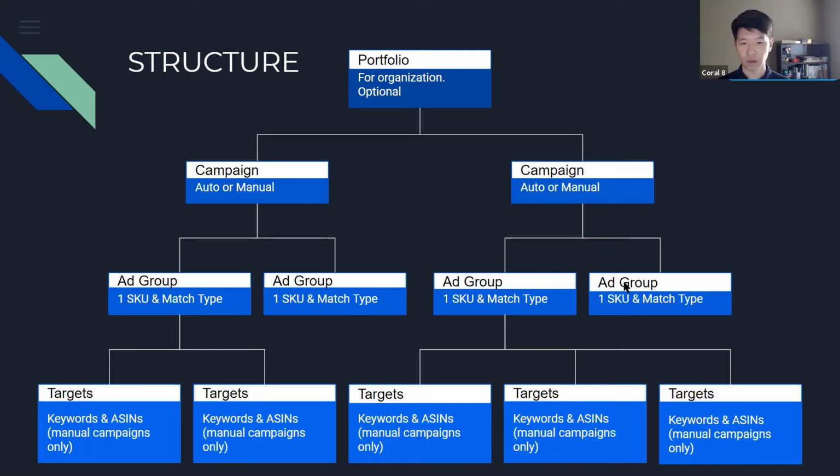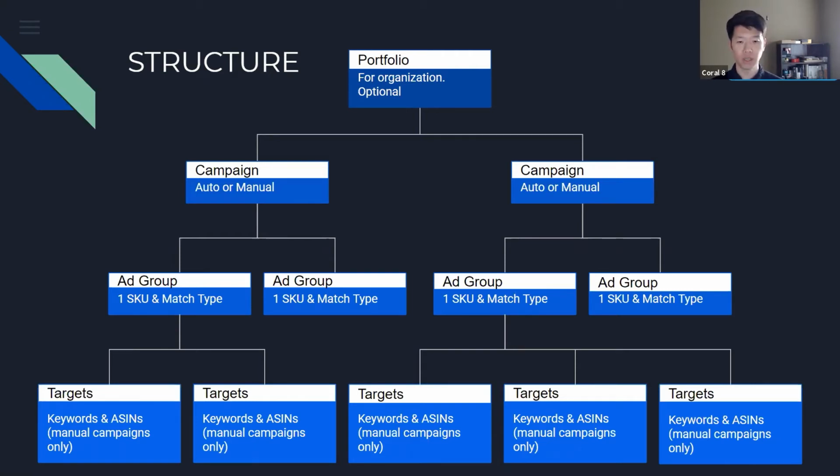Now, within campaigns, there could be one or several ad groups. Our suggestion is that each ad group contains at most 1 SKU, okay, and 1 match type. So keywords, when you add new keywords into your campaigns, or really into your ad groups, in an Amazon account, you can choose from 3 match types: broad, phrase, and exact.